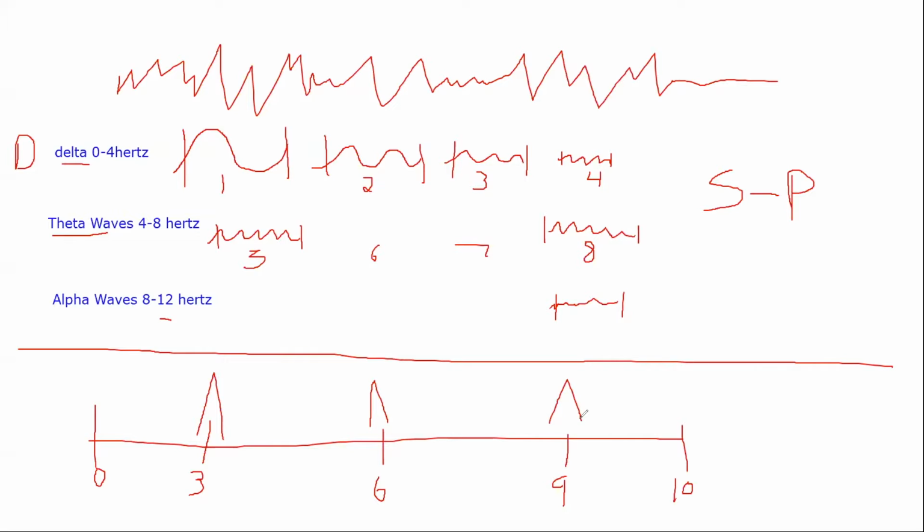But it happens so fast that I'm not even aware of it. So everything seems continuous to me, but reality is broken up by little micro pauses of theta. And in the normal brain, that happens about every 3 seconds, okay?